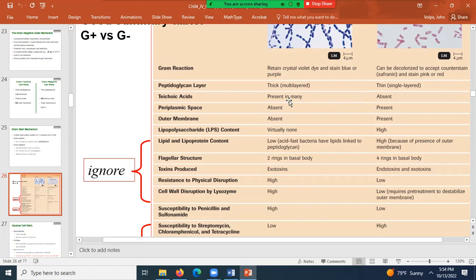Teichoic acid present in the gram-positive, absent in the gram-negative. Outer membrane present in the gram-negative, absent in the gram-positive. And then lipopolysaccharide content is high in the gram-negative cell and virtually none in the gram-positive cell.